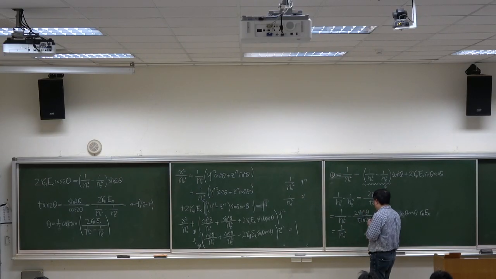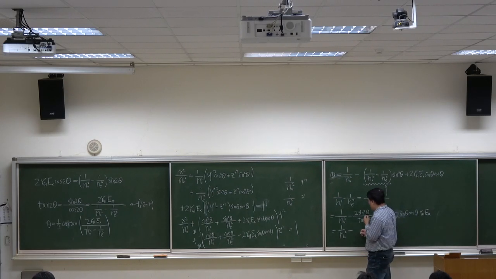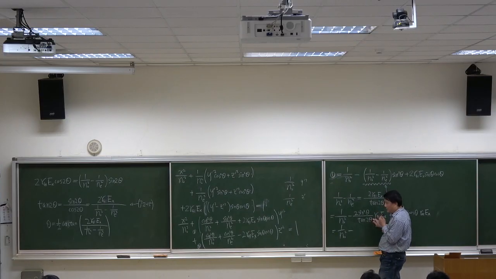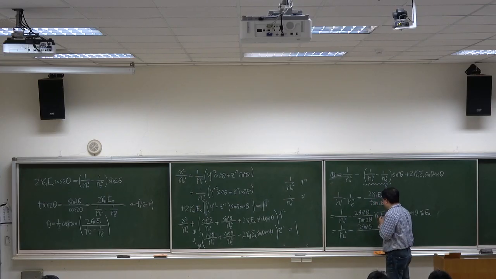这样讲好了。这个呢 tangent 2 theta 可以写成 sin cosine 这是 sin 啊 cosine 2 theta 这是 sin 2 theta，所以这个其实可以写成这样 2 sin square theta cosine 2 theta over sine 2 theta.